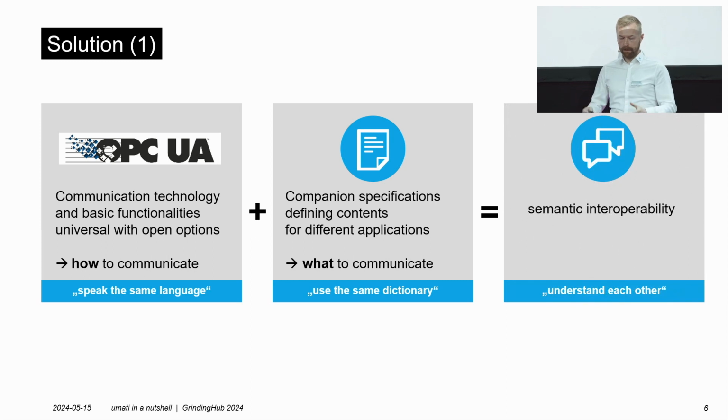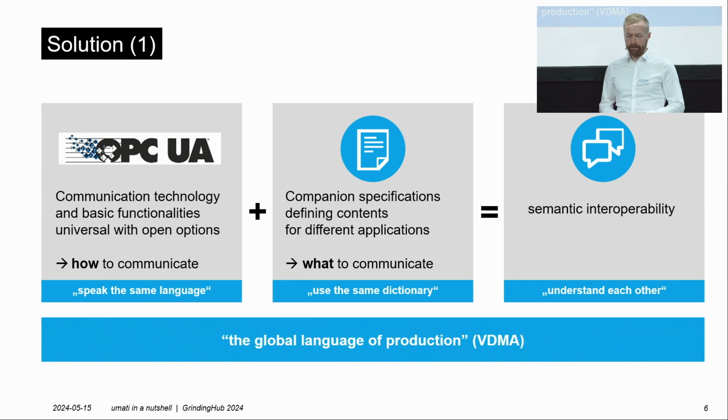And these two things together ensure that we obtain the semantic interoperability, meaning that the machines understand each other. This whole idea is called the global language of production by our colleagues at VDMA Association.